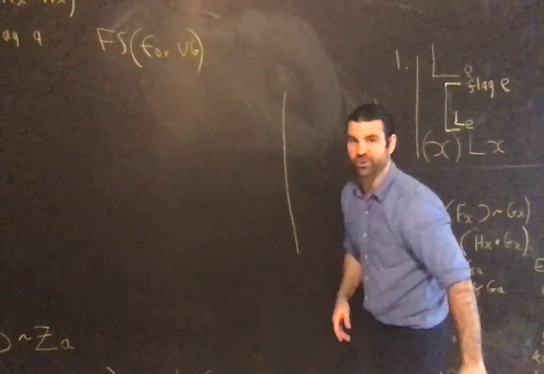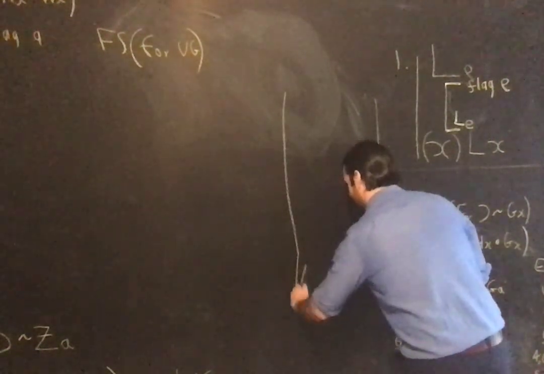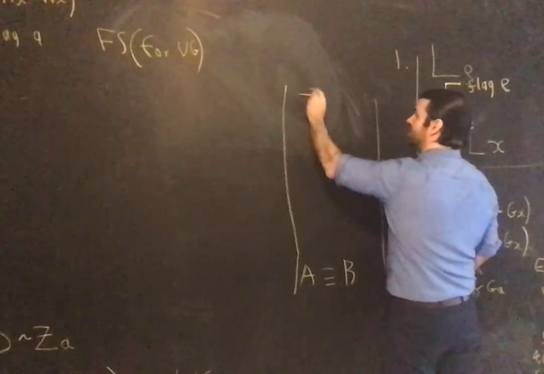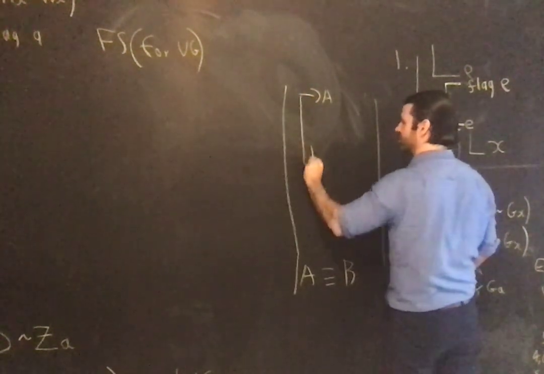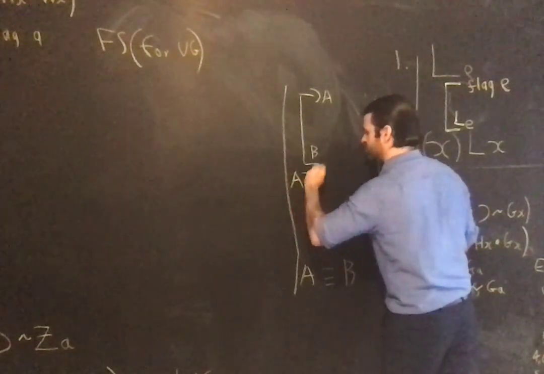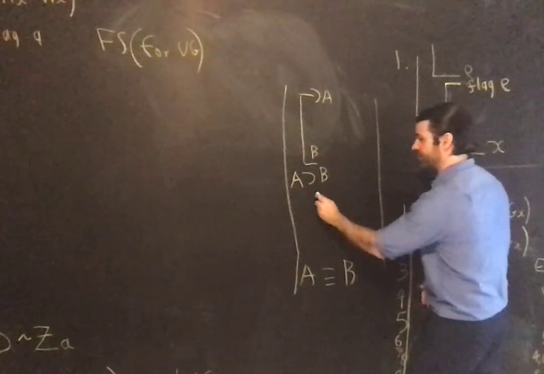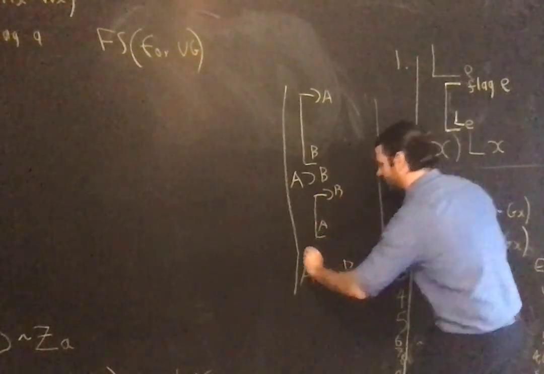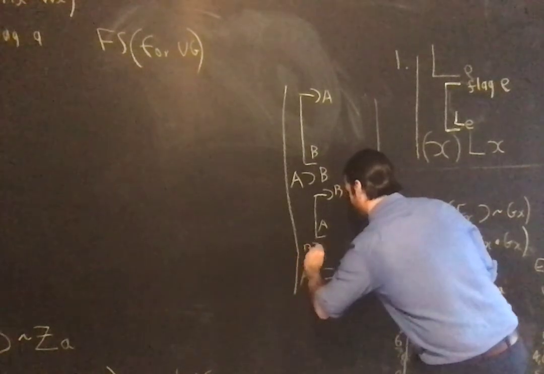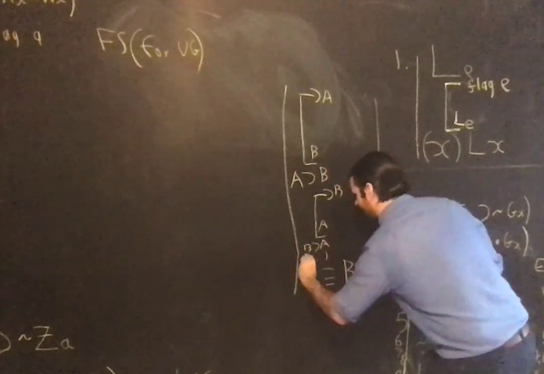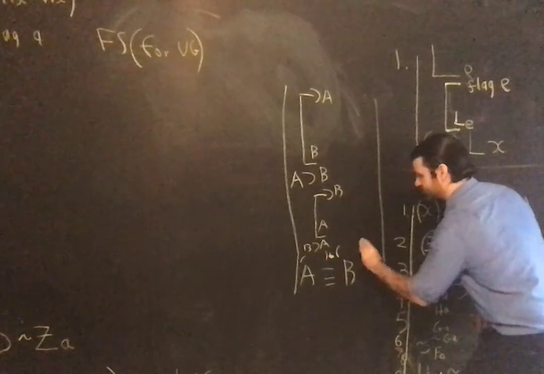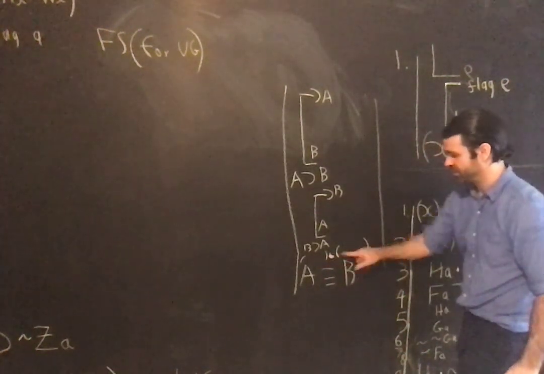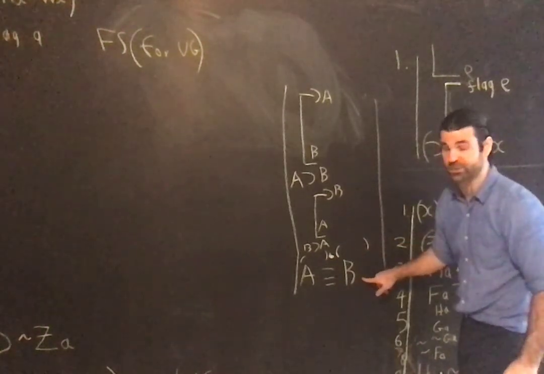The general geometry to prove a biconditional: A biconditional B is the main line, you assume A, you derive B to get A hook B on the main line, you assume B, you derive A to get B hook A on the main line, and then you conjoin A hook B and B hook A to get this by a biconditional exchange, right?